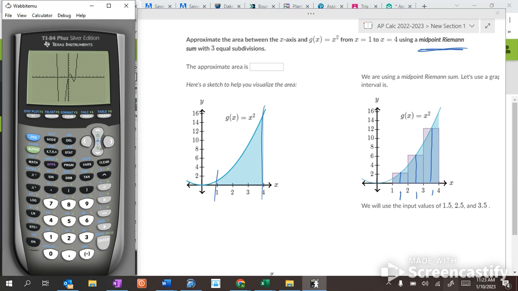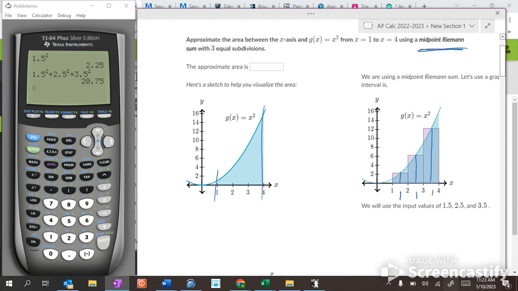So I'm going to go 1.5 squared, and 1.5 squared is 2.25 times 1 is just going to be 2.25. So I'm just going to go 1.5 squared plus 2.5 squared plus 3.5 squared for this one.